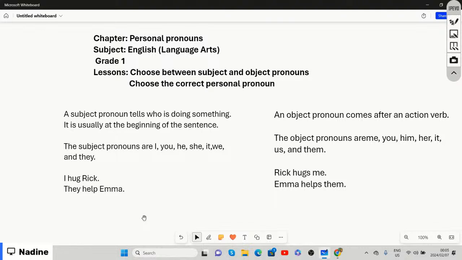Our subject is English language arts grade 1. And the lessons that we're going to be focusing on under the chapter of personal pronouns are to choose between subject and object pronouns, and to choose the correct personal pronoun.